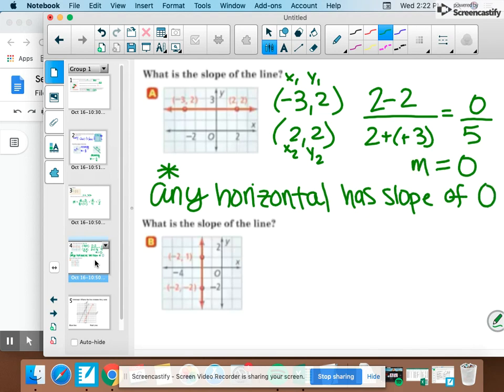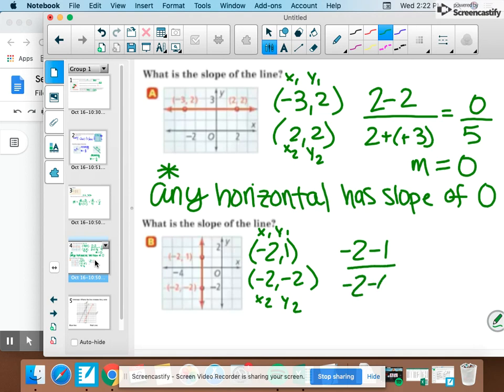Now we're going to do the same thing for the vertical line. I'm going to take off those 2 points there. So we've got a negative 2, 1, and a negative 2, negative 2. So I've got x1 and y1, x2 and y2. If I plug into the formula, I've got negative 2 minus 1 over negative 2 minus a negative 2.